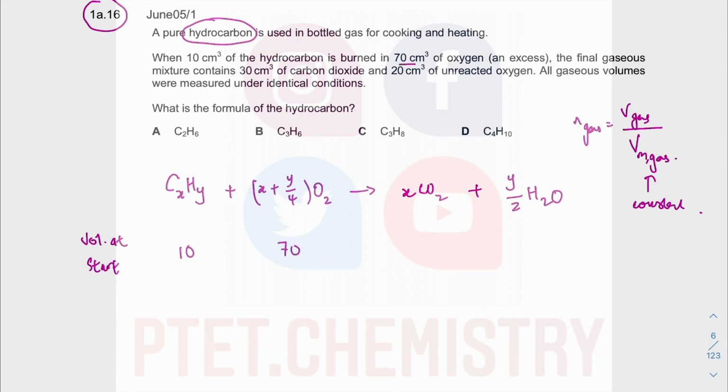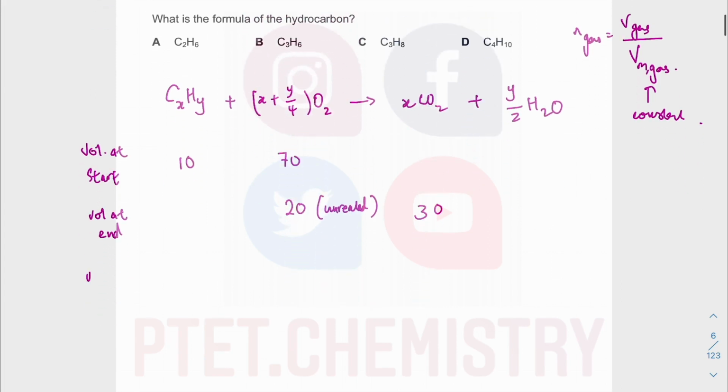You burn with 70 cm cube oxygen, which is an excess, and then the volume at the end, you have 30 cm cube of carbon dioxide, and 20 cm cube, this is unreacted oxygen. So the question is how much has reacted. You see, volume reacted. It's very important that you specify reacted, because whatever has reacted will form whatever has gone to form the product. So that's why it's important there.